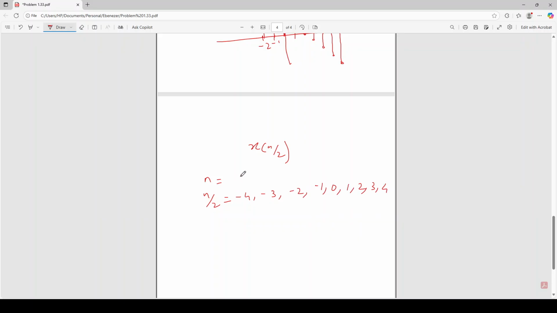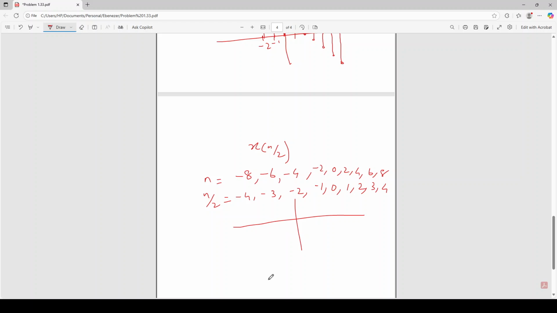So n can take values -8, -6, -4, -2, 0, 2, 4, 6, 8. So it's very simple.